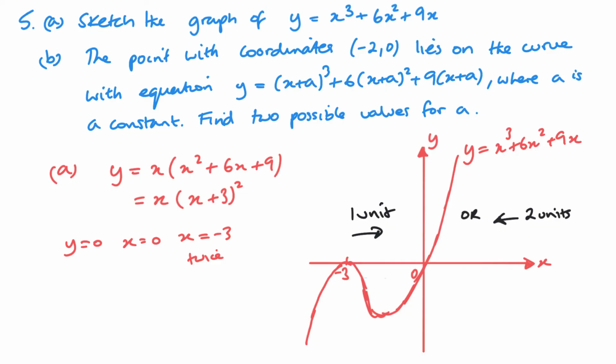So if I move it 1 square to the right, that would happen when a equals -1. And if I move it 2 to the left, that would happen when a equals 2. So for part B, it's all about getting your values and the signs correct.